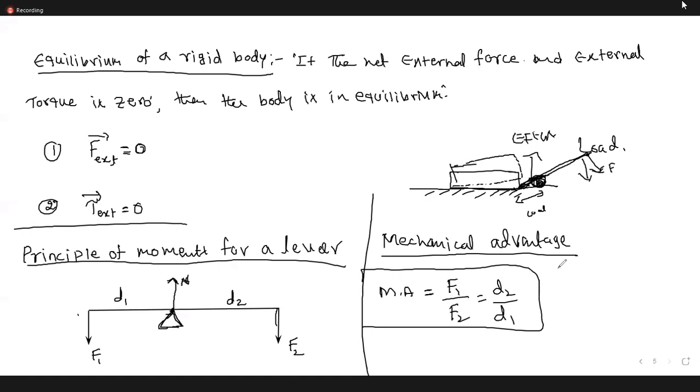In other words, F1 into D1. Suppose this object is in equilibrium. In equilibrium the net force will be 0, which means the normal force equals F1 plus F2. Okay? Understood?